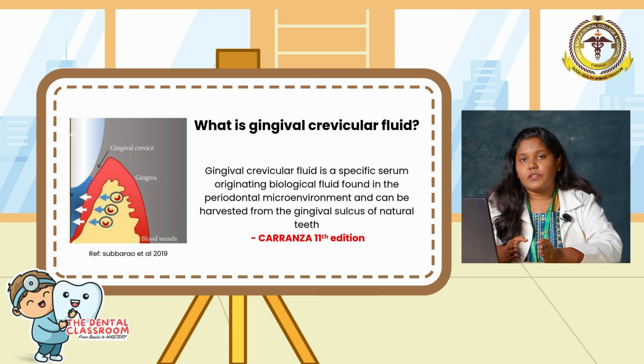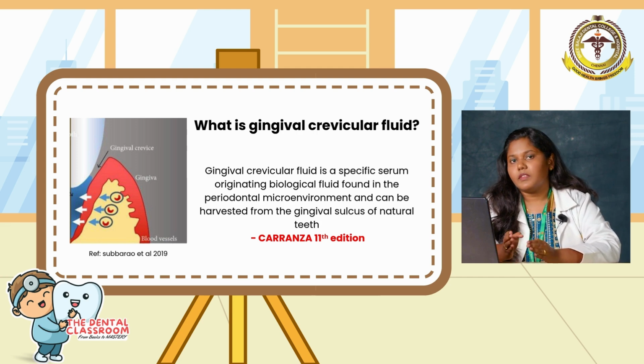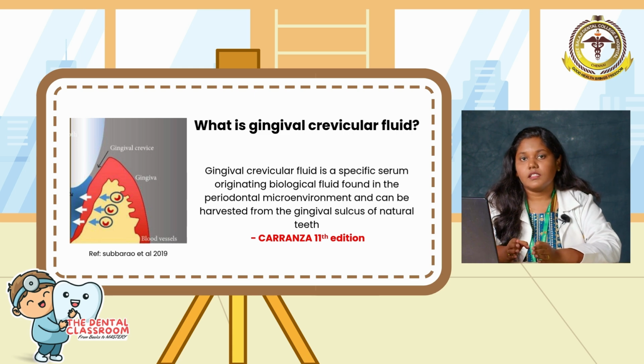So, gingival crevicular fluid can be defined as a specific serum originating fluid. I think you are all aware that underneath the epithelium there is connective tissue, right? This connective tissue has so many blood vessels. Hence, gingival crevicular fluid is found to be originating from the serum, and hence it is called a serum originating biological fluid which can be found in the periodontal microenvironment.